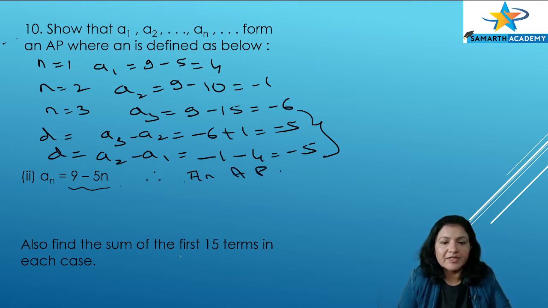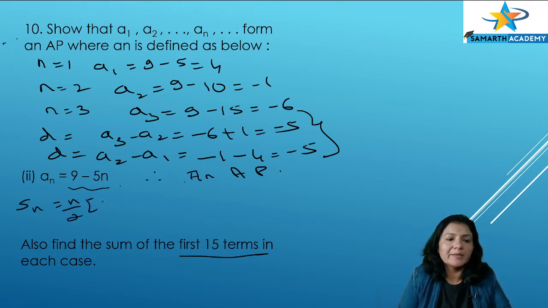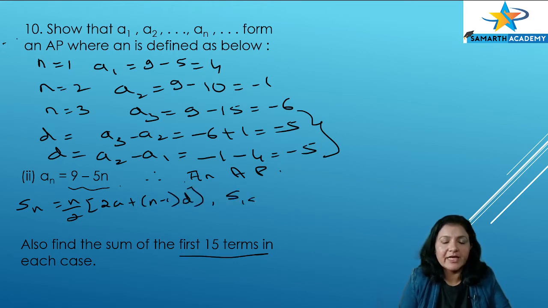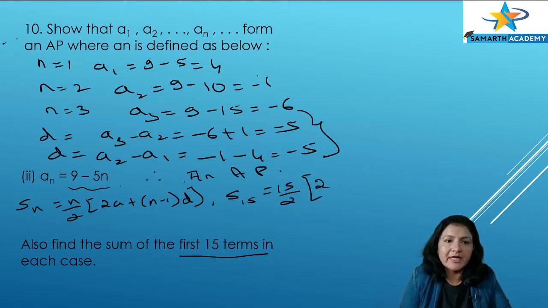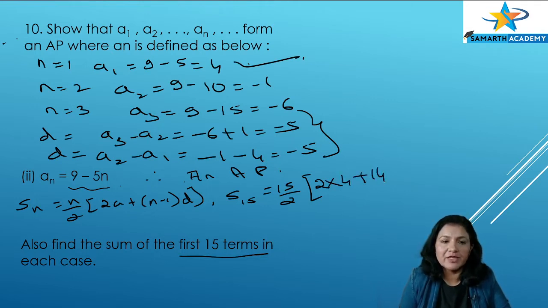Now he is asking to find the sum of first 15 terms. So Sn is equal to n by 2 into 2a plus n minus 1 into d. Here I have to put the value of n, that is 15. S15 is equal to 15 by 2 into 2a, what is a? A is 4. So 2 into 4 plus n minus 1, 15 minus 1 is 14, into d.